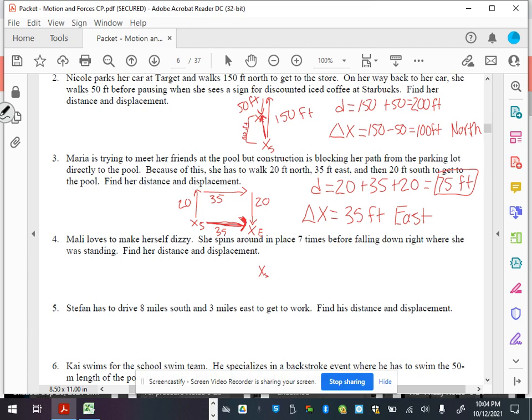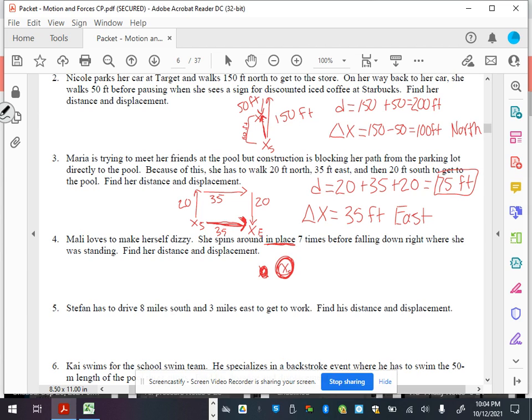She spins around in place. So really she's just going like this, 7 times. I know it's kind of hard to draw on here. If you wanted to, you can do XS and then kind of do a circle around there like this. And she ends in the same spot.